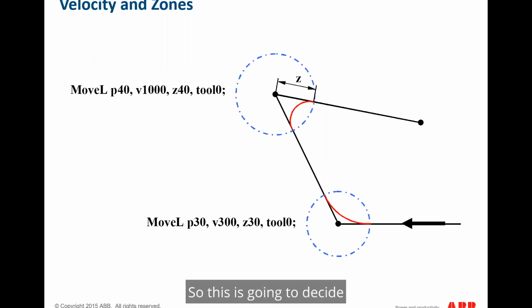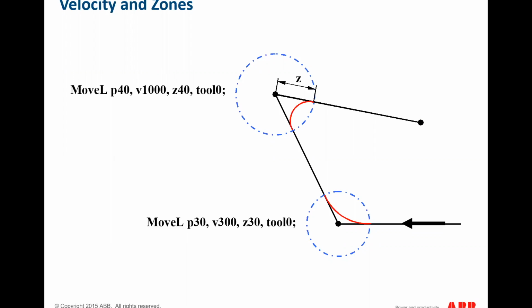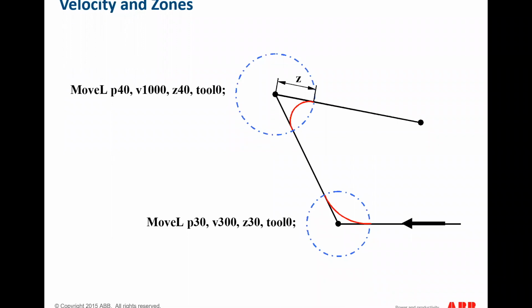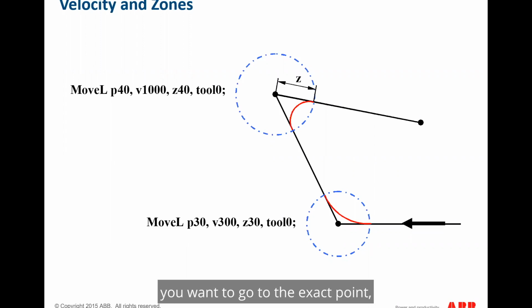So this is going to decide what zone you want to apply. Now you have various different zones starting from zone fine to zone 0, then zone 5, zone 20, 40, 50, and so on. Zone fine is when you want to go to the particular point and stop for about half a second. Zone 0 is when you want to go to the exact point, but you don't want to stop.